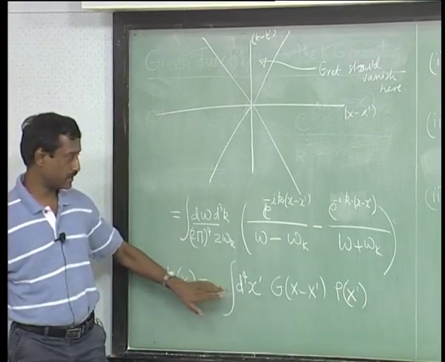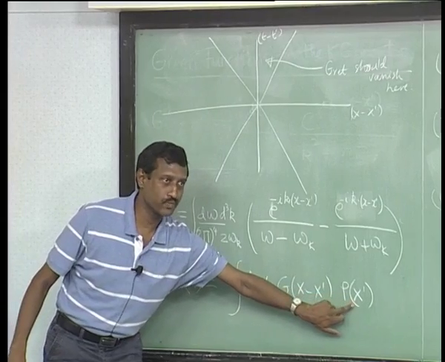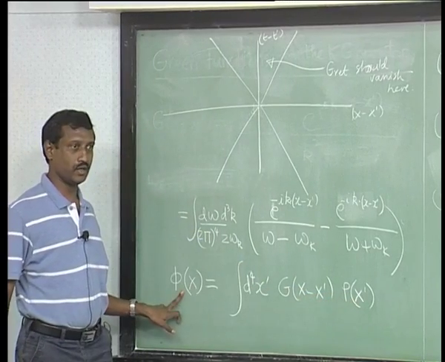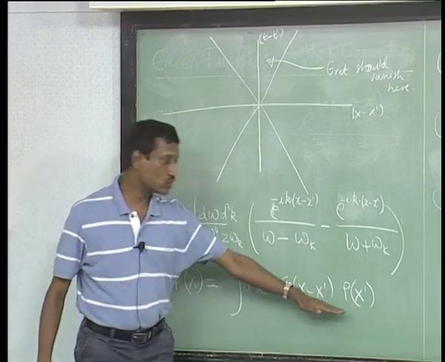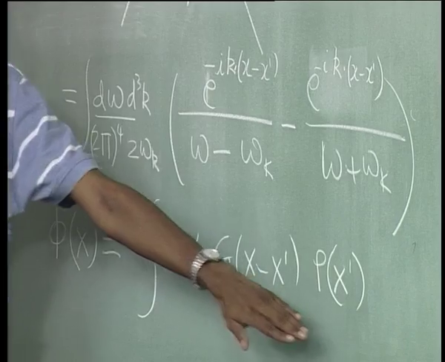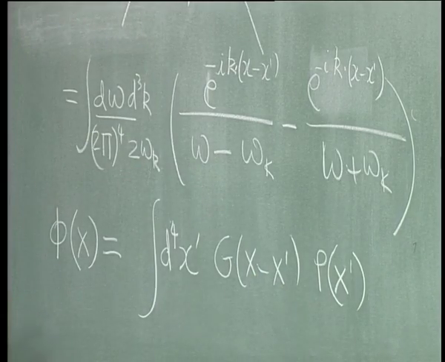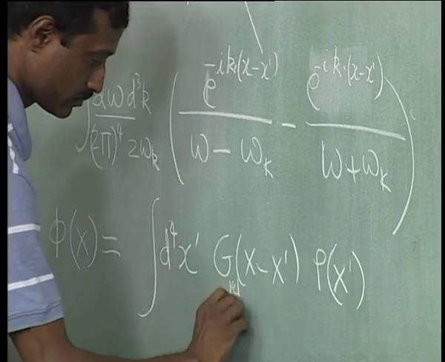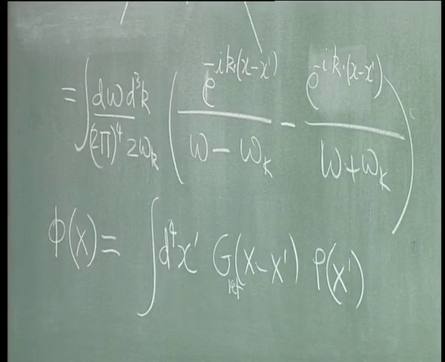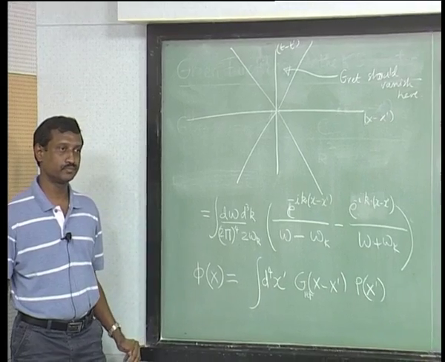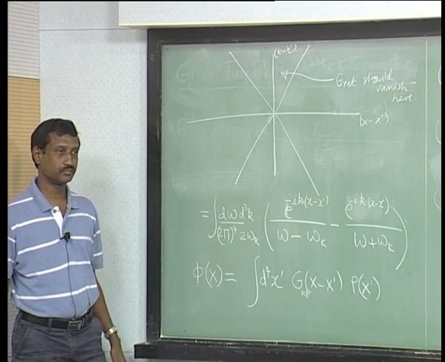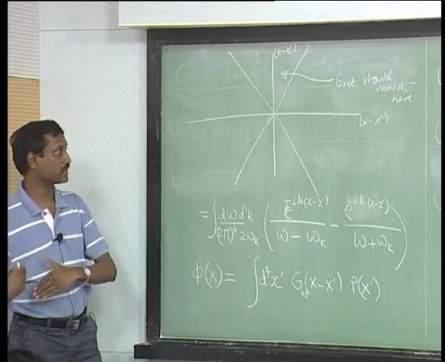Signs are not important factors, but this rho is the source, and we are getting the field at point x, and it should be determined by sources which are in the past, and that is what I call the retarded Green function. So, the retardation is taken into effect. Okay. So, something in the past.